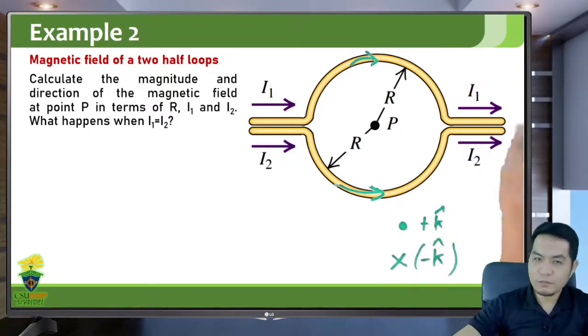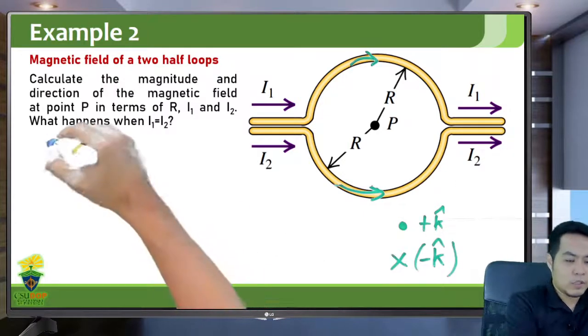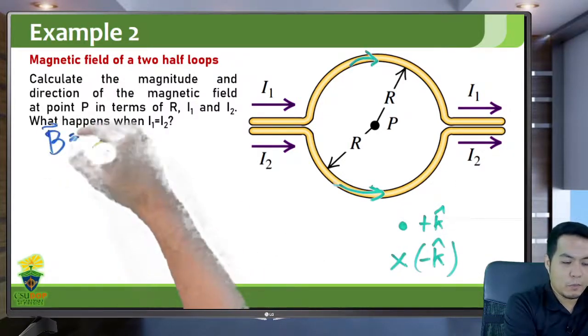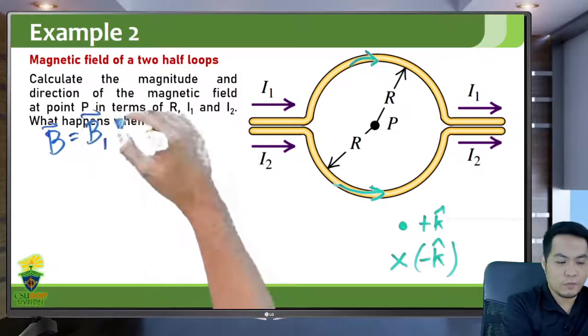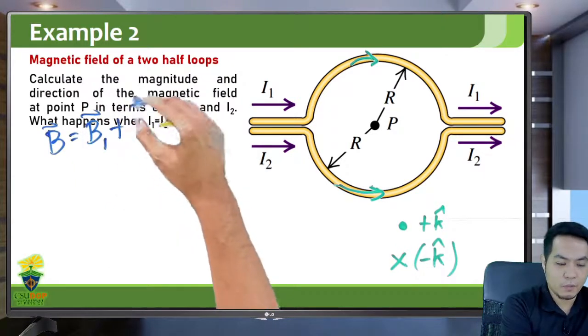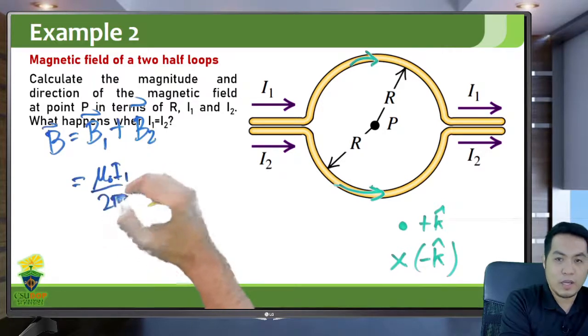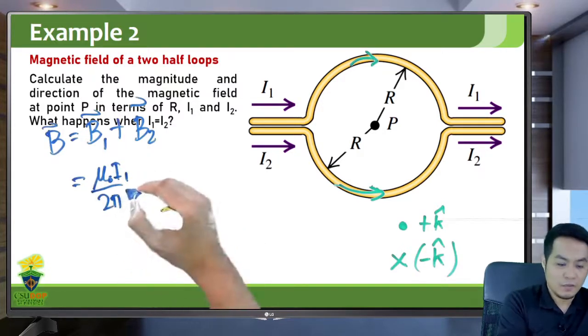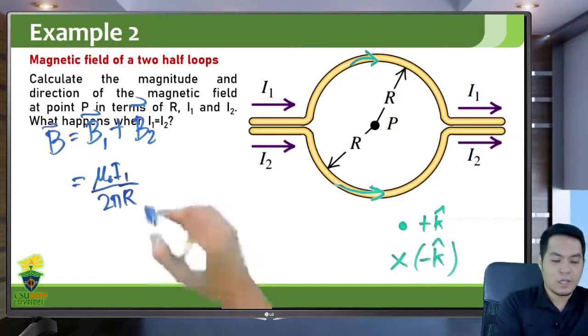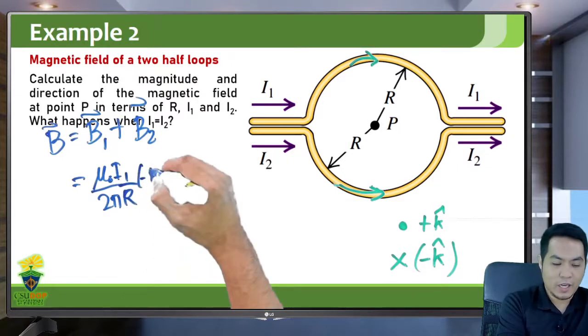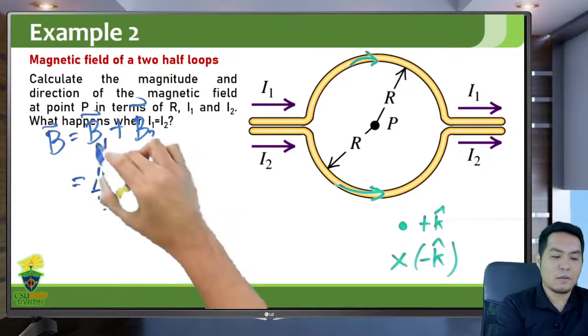Okay, so the total magnetic field at point P will just be due to wire number 1 and wire number 2. Wire number 1 is just μ0 I1 over 2πa. They have the same radius a equal to R, and the direction is negative k hat, into the page, for wire number 1.